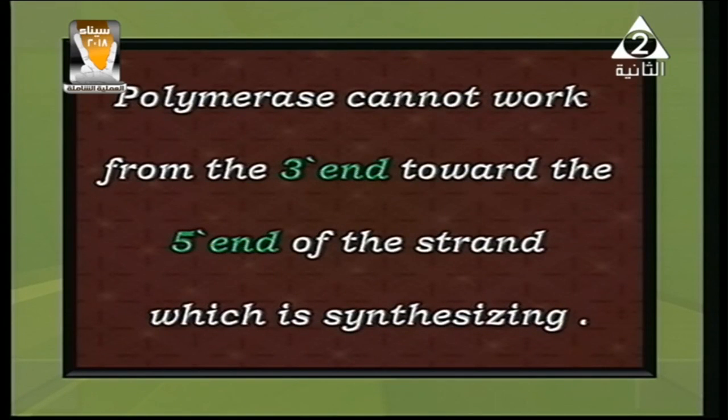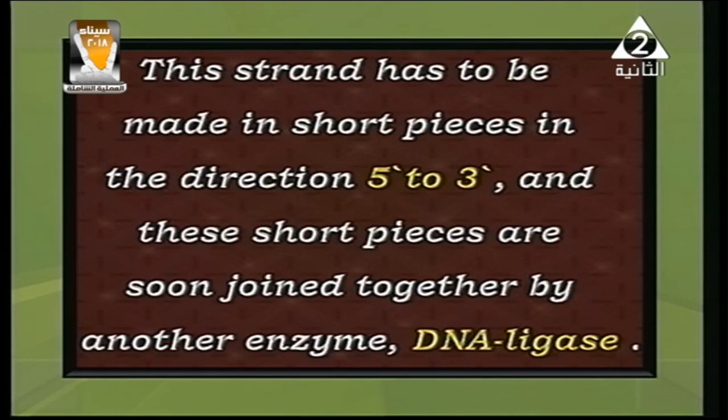Remember that the polymerase doesn't work in the 3' to 5' direction. So the strand has to be made in short pieces in the direction of 5' to 3', and these short pieces are soon joined together by another enzyme which is called DNA ligase.